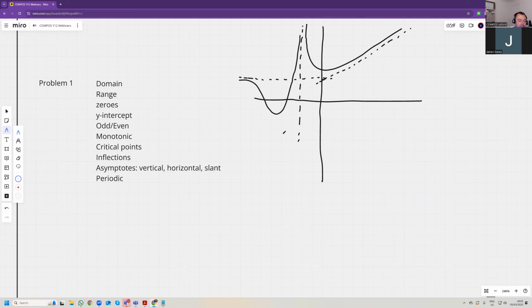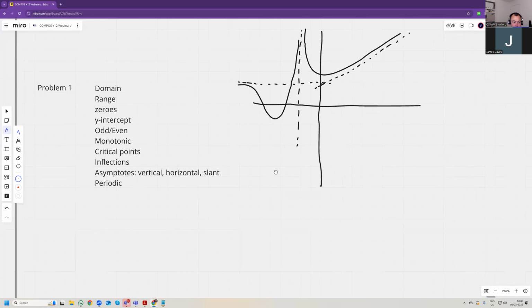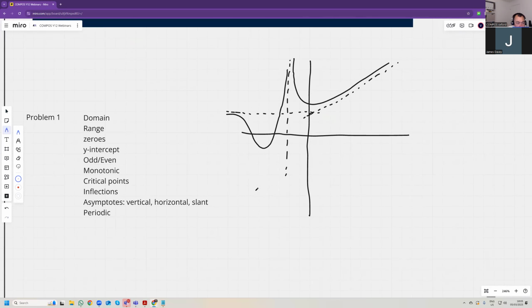Okay. So if we look at the graph, domain is obviously the possible x values. The range is the possible y values. These are zeros where the graph meets.